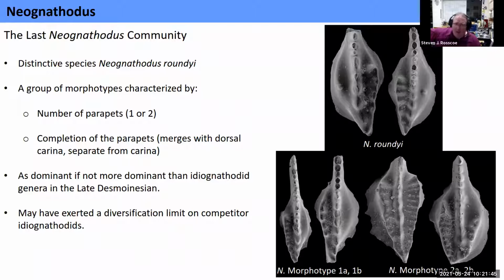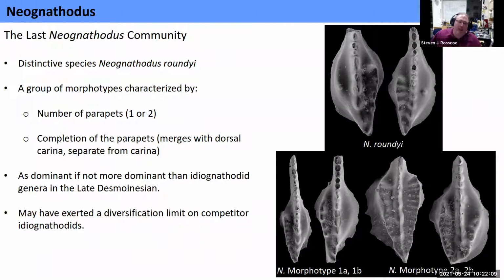So this was just a quick way of organizing what is a fairly variable group in my thesis work, and we've not done much with it since, but I've always wanted to do a little more. The importance of Neonathodus here is I think it exerted a kind of diversification limit on the competitor species Idianathodus.